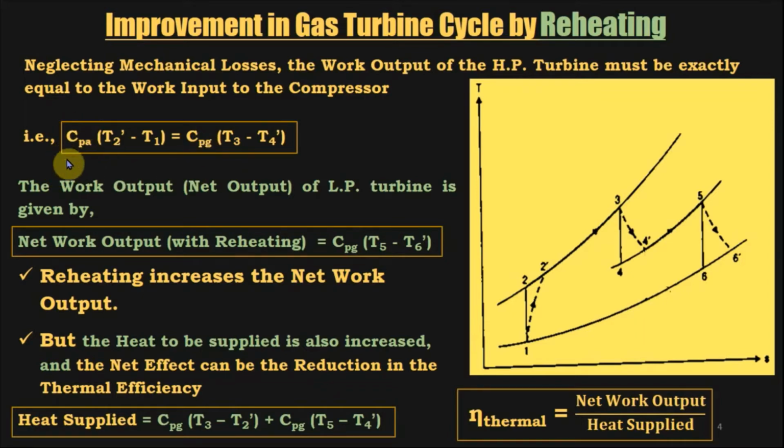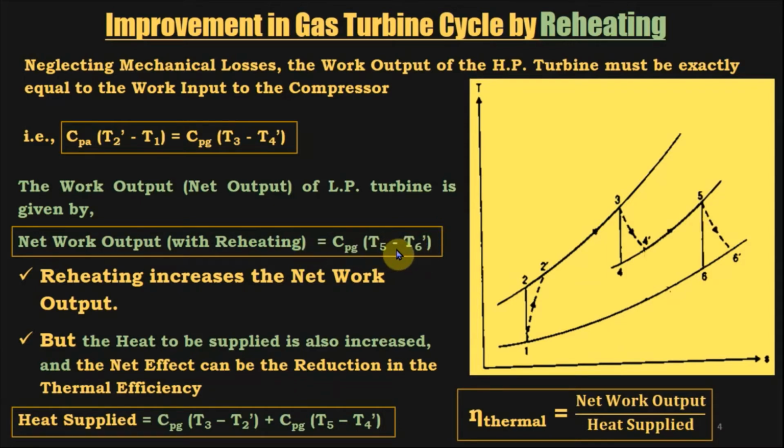Cpa is the specific heat of air, and Cpg here represents the specific heat at constant pressure for the gases. Net work output of the low pressure turbine, here the corresponding process is 5 to 6 dash, that is Cp of gas multiplied by T5 minus T6 dash.